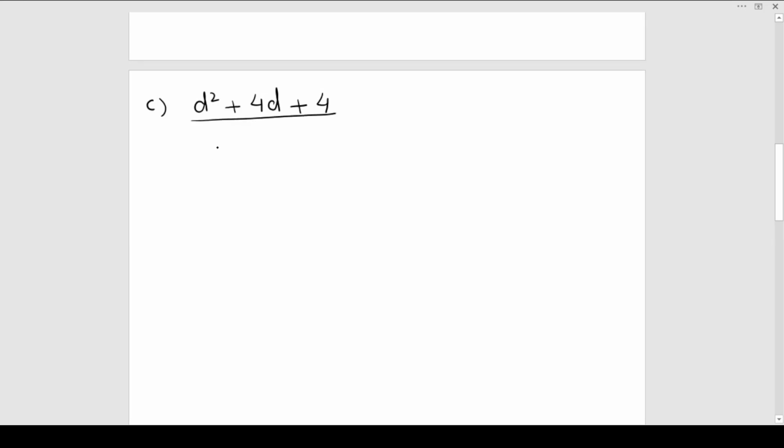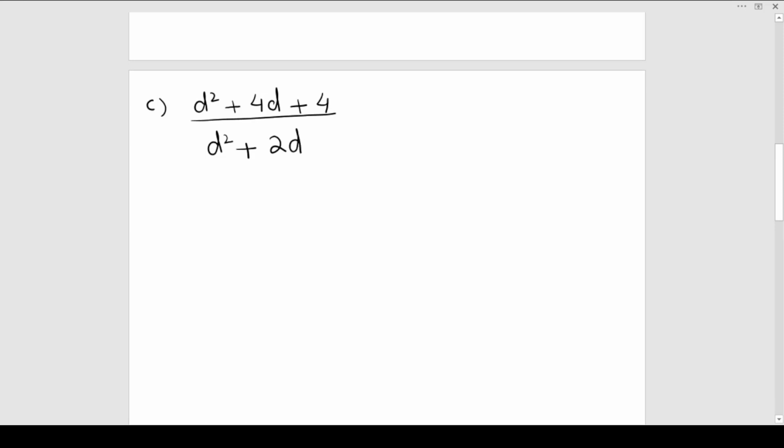We just completed part B. After this, let's start part number C. It says d square plus 4d plus 4 divided by d square plus 2d.